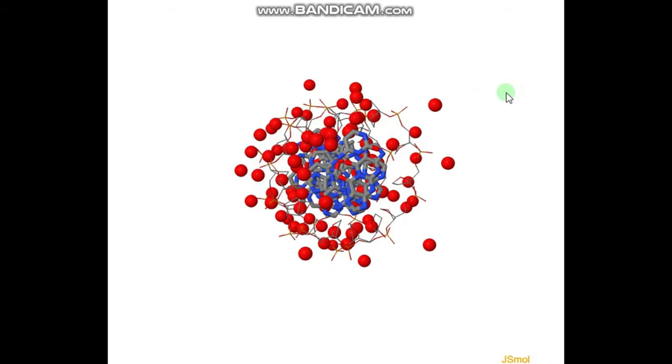Okay, so those red blobs all represent water molecules which were present in the crystal structure when it was solved. Now, you don't necessarily get a very complete picture of hydration from a crystal structure because you're only going to see water molecules if they have fixed positions relative to the DNA. Remember that the whole principle of X-ray crystallography depends on all the molecules being arranged in a very regular way in the crystal.